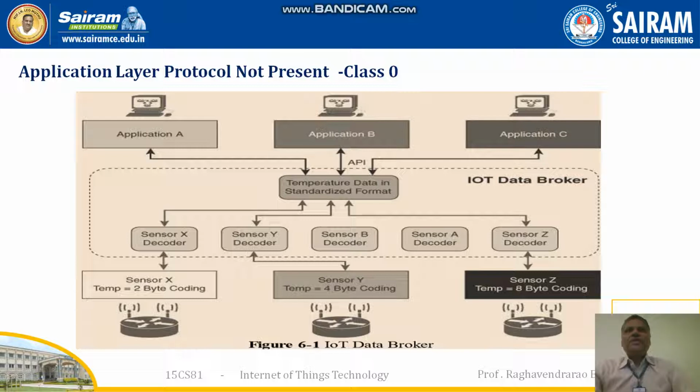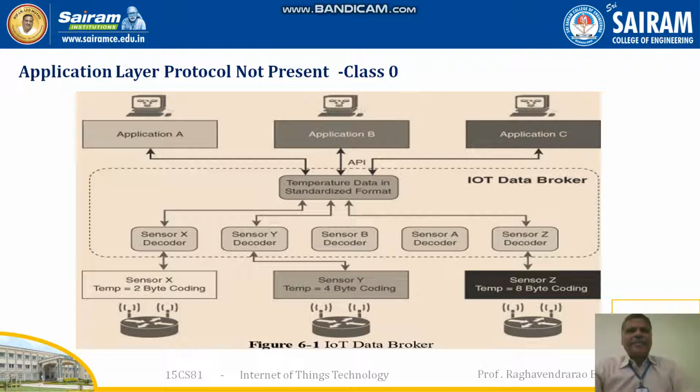You can see here the application layer, where applications A, B, C are there. There is the API network, and there is the IoT data broker. The example which has been taken is the temperature data in standardized format. There are sensor X decoder, sensor Y decoder, sensor B decoder, A decoder, Z decoder.